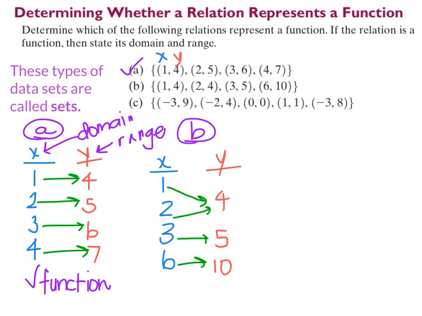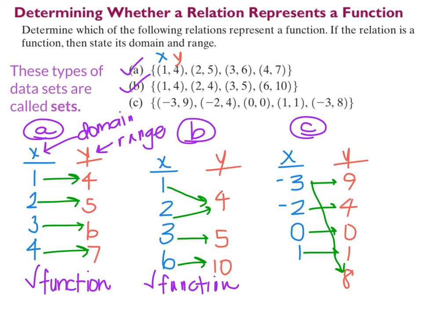So if you remember back to our last example with the 2 maps, it's okay that this x1 and this x2, these 2 inputs, map to the same output. That's okay. It's if this 2 also mapped to 5. It's when you have multiple outputs per one input that you've got a problem. So B is also a function.